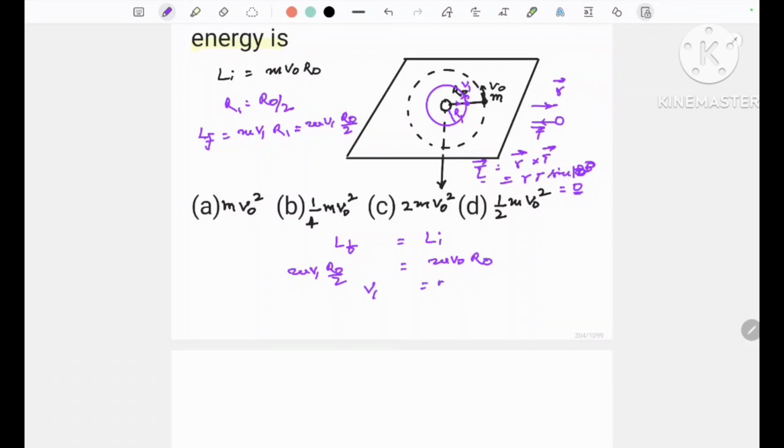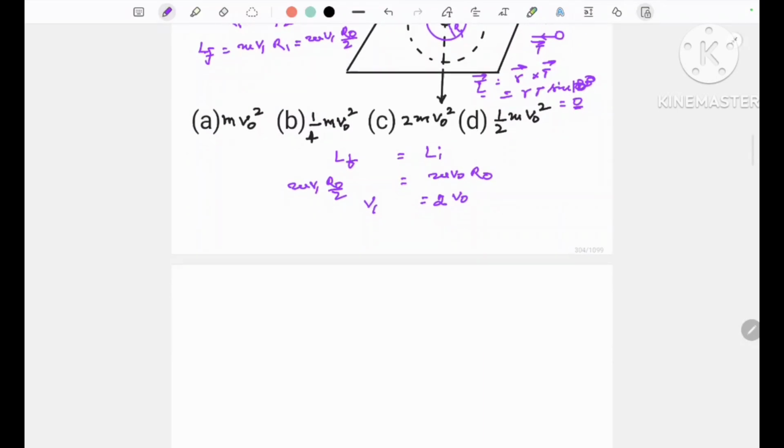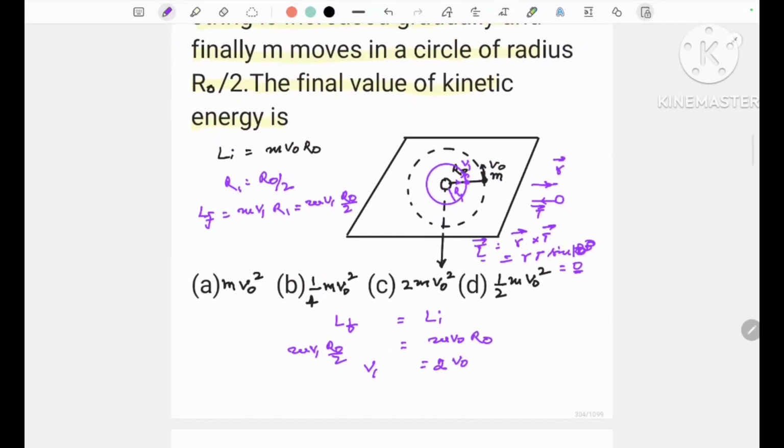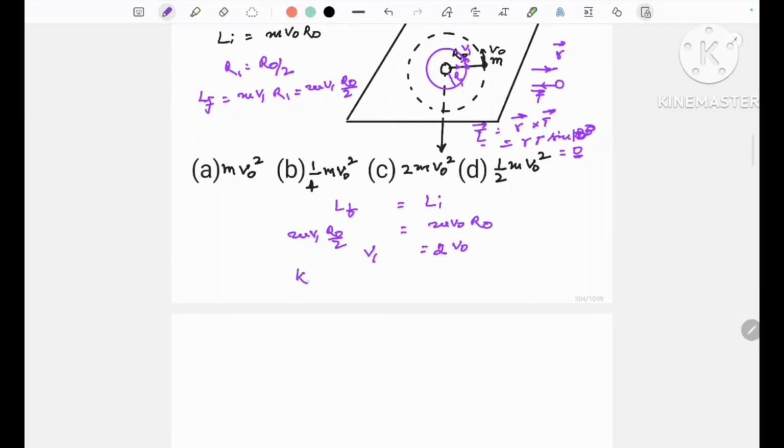So v1 is 2 v dot. Kinetic energy is half m v1 square or half m (2 v dot) square. This is 2 m v dot square, and this C is correct option.